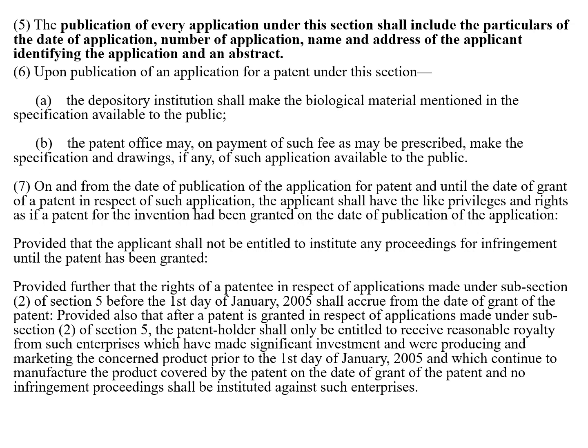Again, all these things are described in the further subsections, that you will have the rights and privileges from the date of publication. If you have a product, you can mention patent applied, patent pending, or the application number.